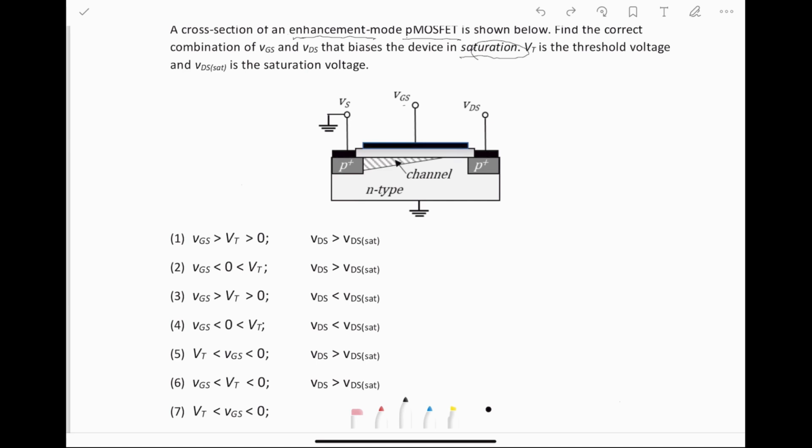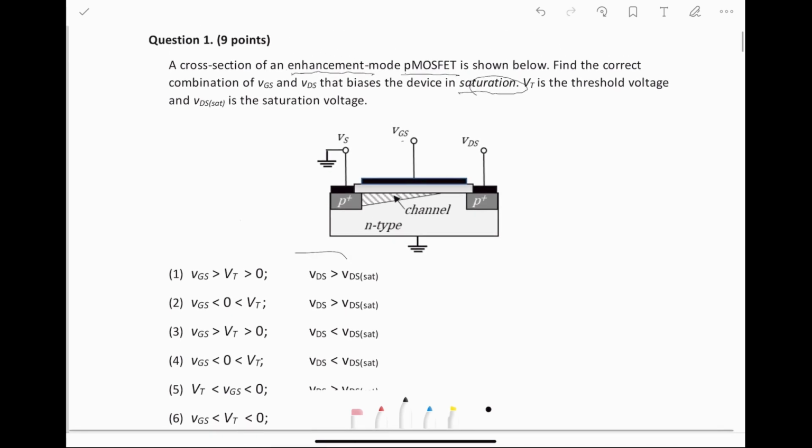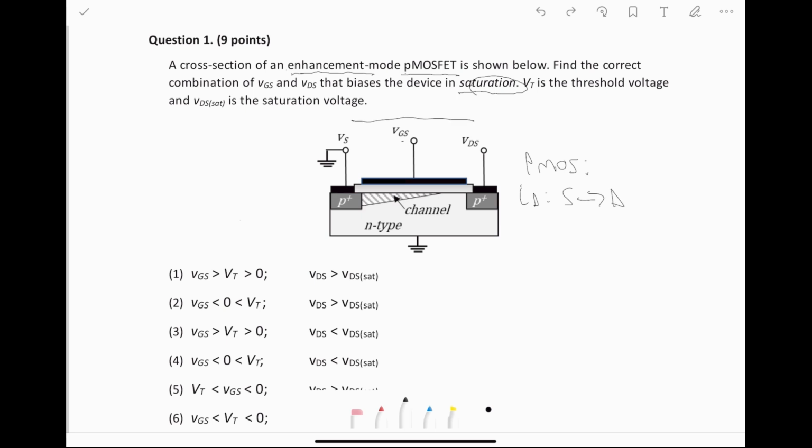And the best way, I think, to explain where these come from is somewhat graphically using the IV curves. So to draw those, we're first going to want to remember what we know about an enhancement mode PMOSFET, because what this question is really asking is, do you know what an enhancement mode PMOSFET is? For any PMOSFET, the drain current flows from source to drain, which means the current is flowing this way.